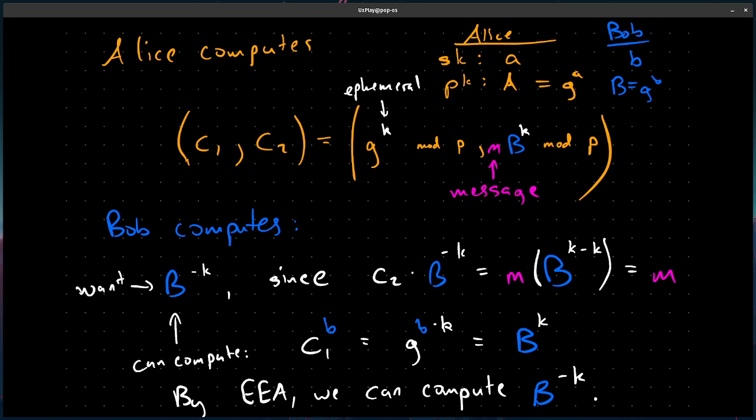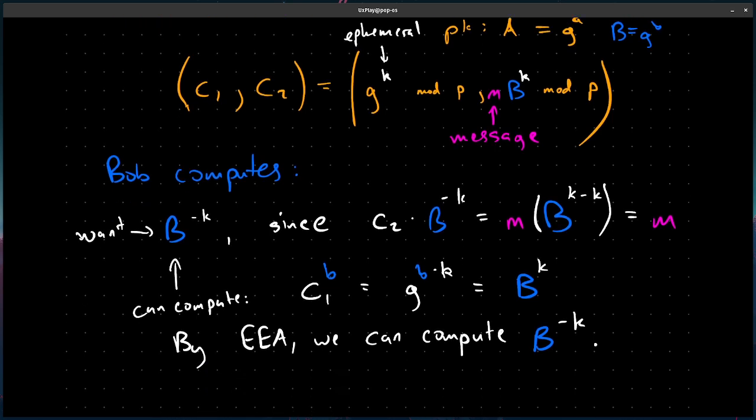We can do that by multiplying C2 by B to the negative K. Then C2 times B to the negative K is simply M times B to the K minus K, which is just M. So if Bob has a way of recovering B to the negative K, then Bob can decrypt.